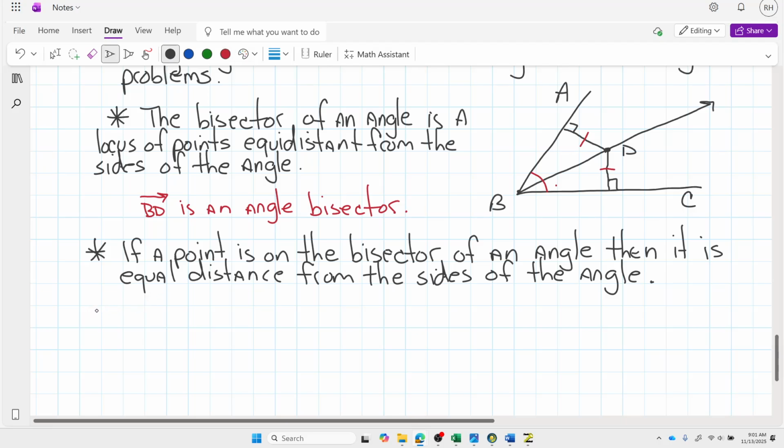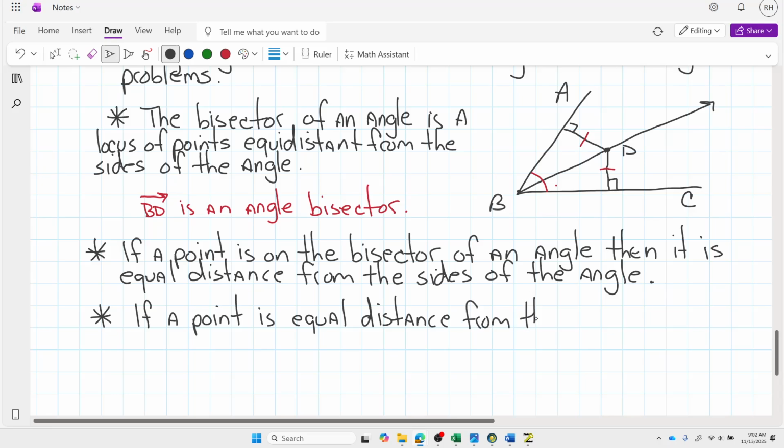The converse of this theorem states that if a point is equal distance from the sides of an angle, then it is on the bisector.